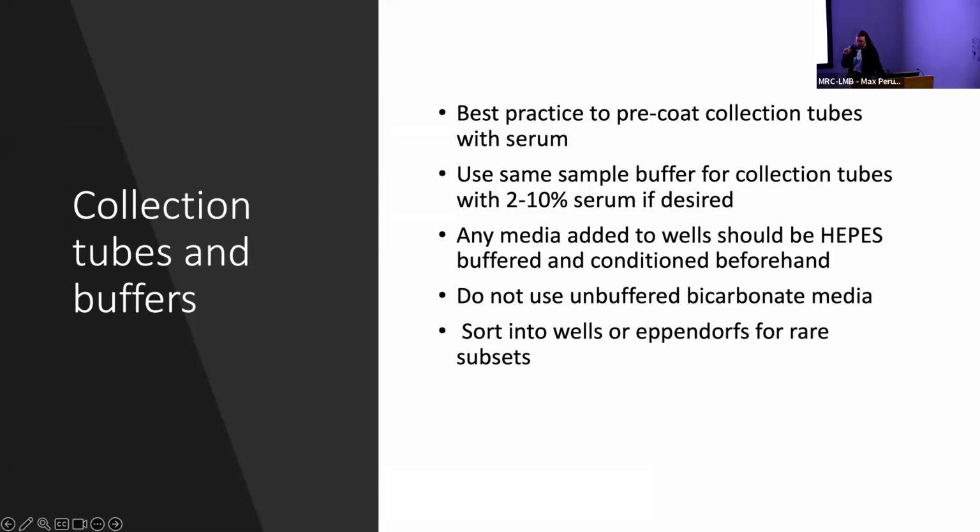Sometimes as the cells are being sorted and as the media in the collected tubes is increasing in volume, that can cause some charge to build up, and then you get what's called a jumping drop effect, where you have repulsion. For example, you have the cells on the right that are positively charged, and then another population on the left that's negatively charged. You're going to get some jumping drops there, causing some contamination between your collection tubes.